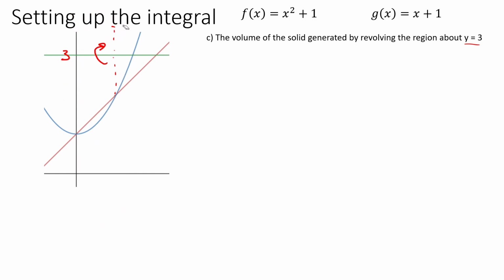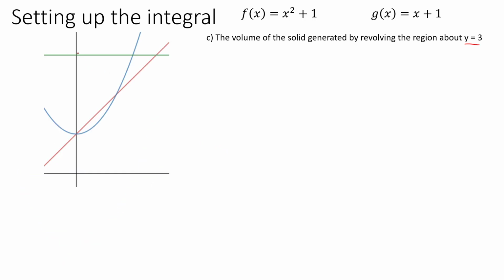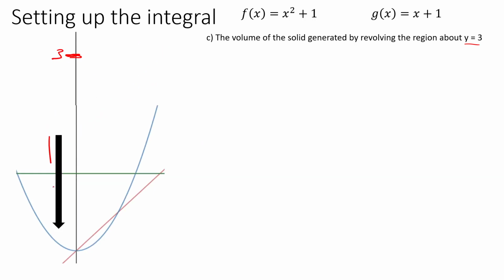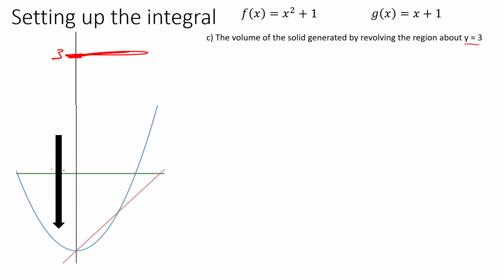Well, why don't we make our problem easier by shifting everything down so that it lines up with the x-axis? In other words, instead of rotating around 3, let's shift everything down by 3 units so that my axis of rotation lines up with the x-axis. Because if I do that, then I can just use this formula I've already derived.